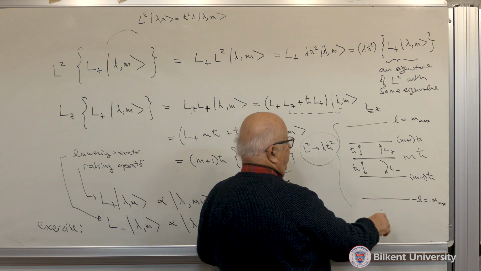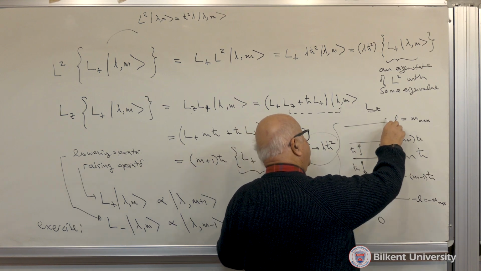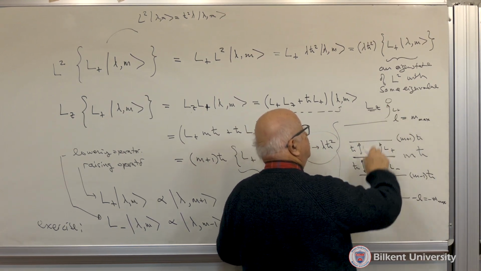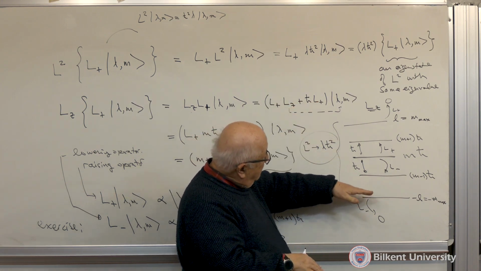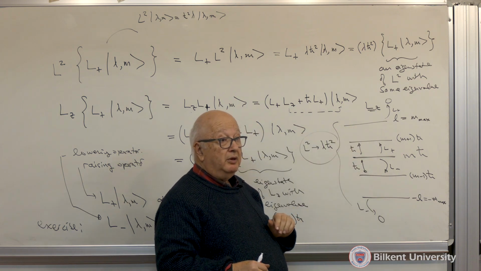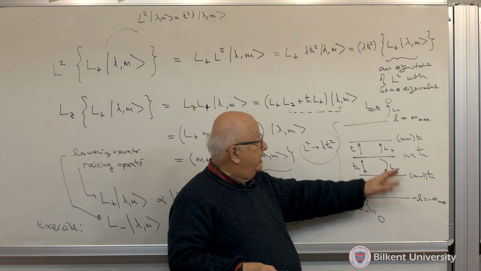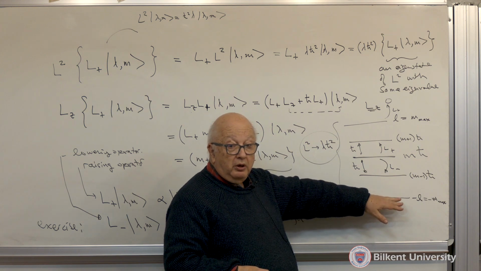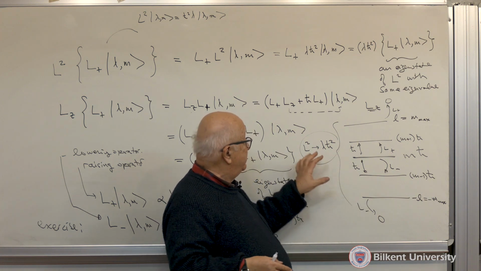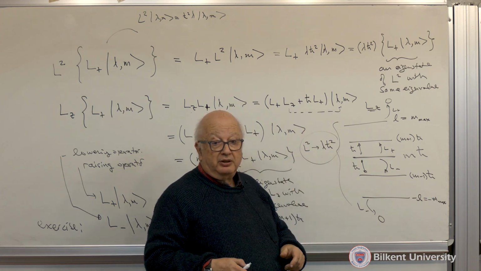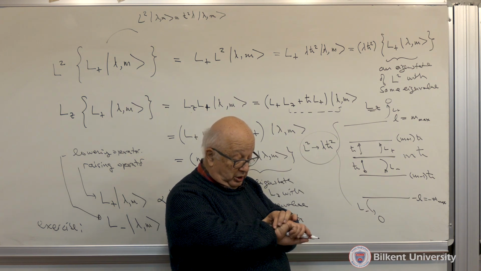If I try to lower this any more, or raise this with an L plus, I'm going to get 0. So this is going to be restricted between minus l and plus l. It can go lower and lower, but L squared is the square of this, so if there's a limitation on the size, it cannot become too negative either. So it has to be between those two limits.